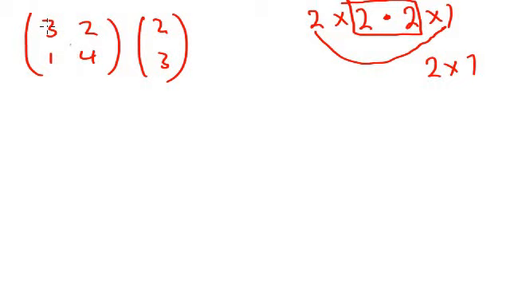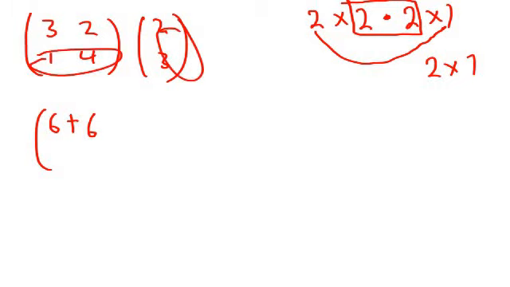So let's confirm that. You take all the elements in the first row of the first matrix, multiply by all the elements in the first column of the second matrix. So now 3 times 2, we have 6. Adding that to 2 times 3, we have 6. There's no more element here, so we just need to proceed to the second row of the first matrix.